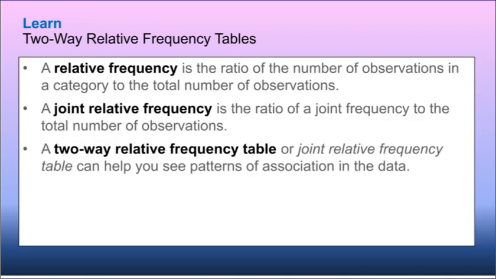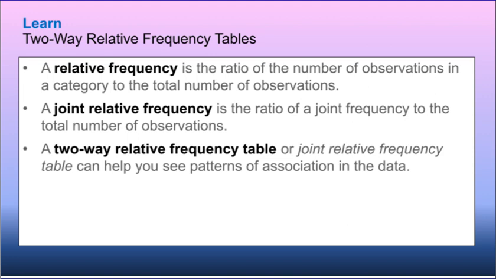Second part of our lesson is two-way relative frequency tables, or some more with the data. So some vocabulary words. A relative frequency is just the ratio of the number of observations in a category to the total number of observations. So what we're going to do here is actually put the data as a percentage into our two-way frequency table. And to do that, we're going to find the relative frequency and the joint relative frequency.